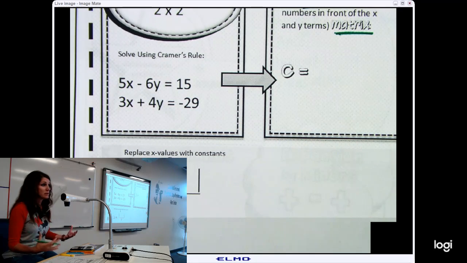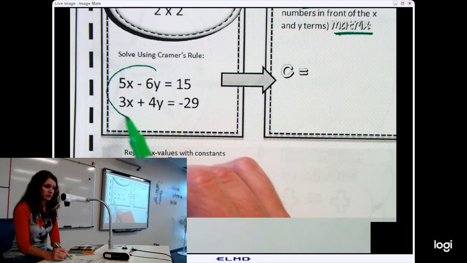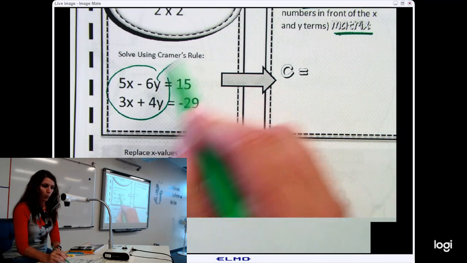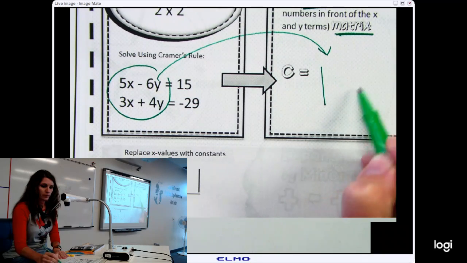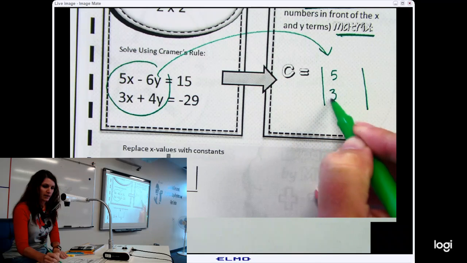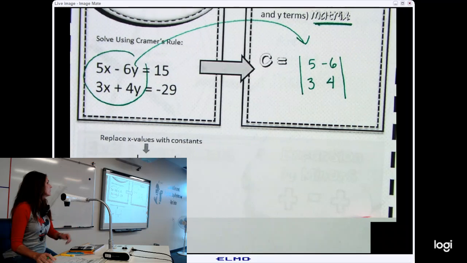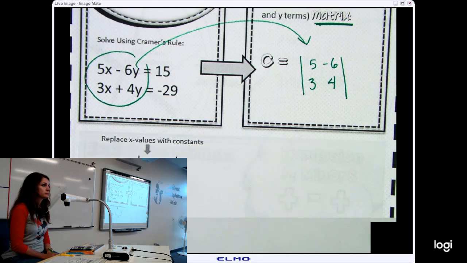You want it in standard form for this to work. So to find the value of our coefficient matrix, I take these and put them in the exact order I see them with the signs they have. And then evaluate that determinant.